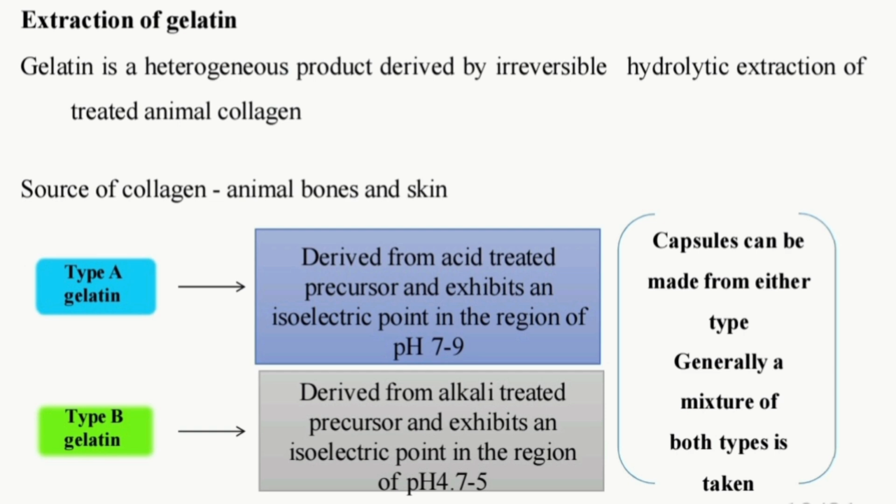Type B gelatin is derived from alkali treated precursor and exhibits an isoelectric point in the region of pH 4.7 to 5. Capsules can be made from either type, and generally a mixture of both types is taken. This slide is very important from the exam point of view.